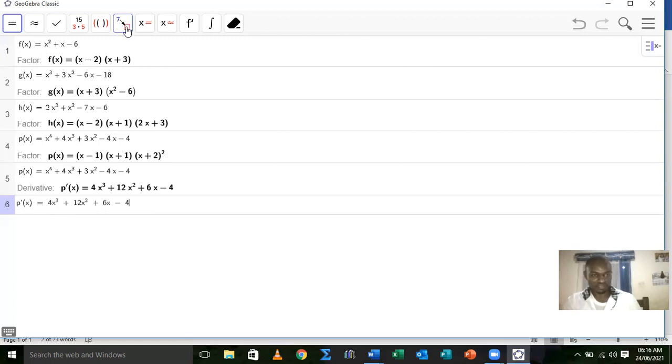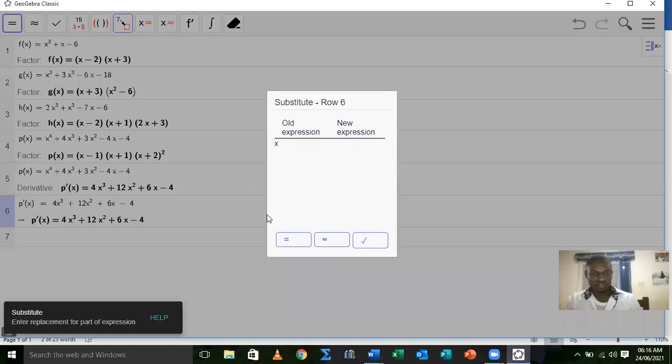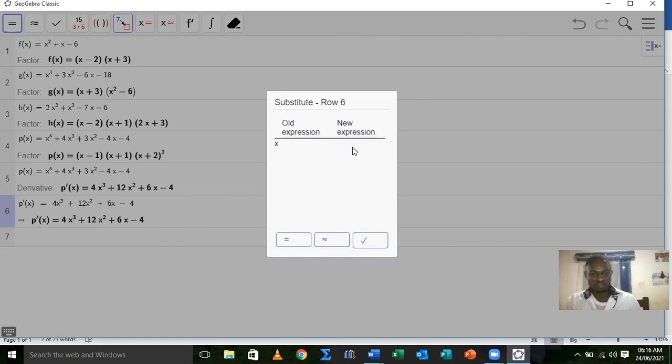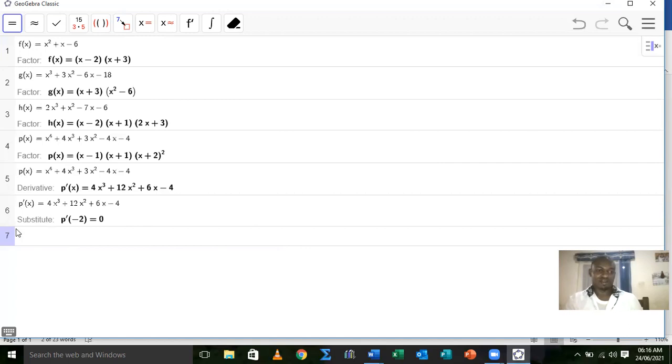It shows that this is an input box. You can input any given value in a substitution. I click there, you see the old expression is x, and the new expression. I want this x to be replaced by -2. So I will click on new expression and take -2 equals to. Wow. You see exactly.